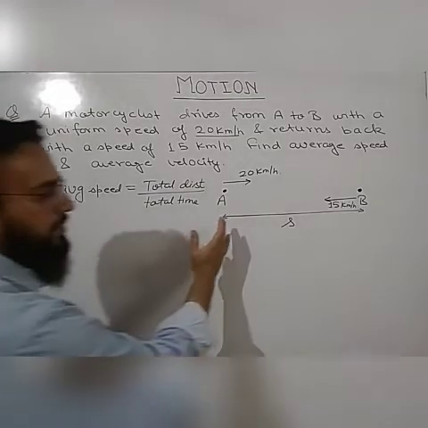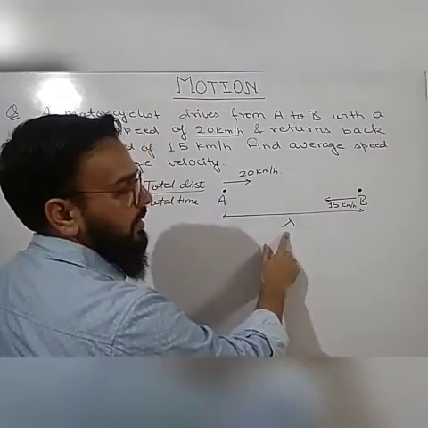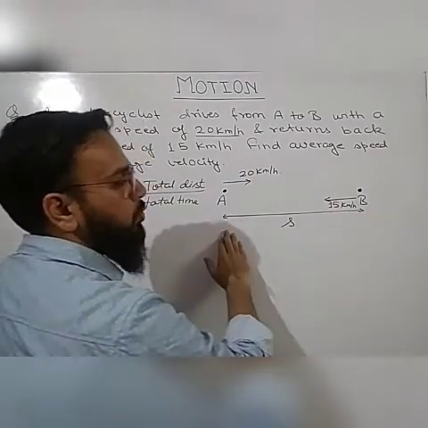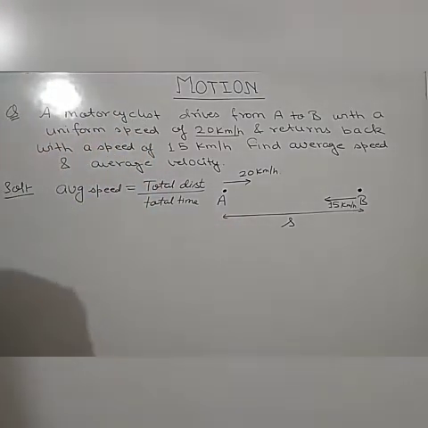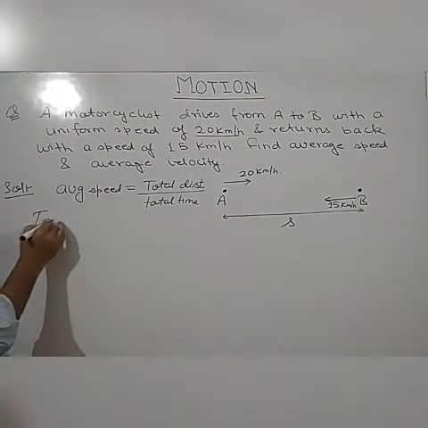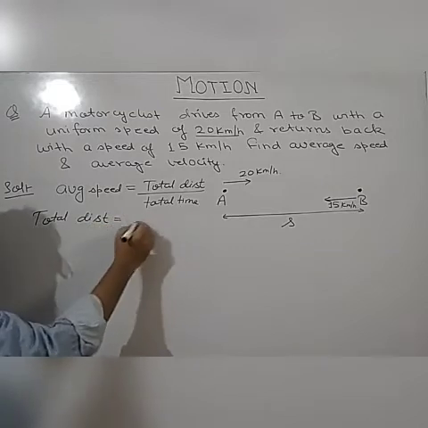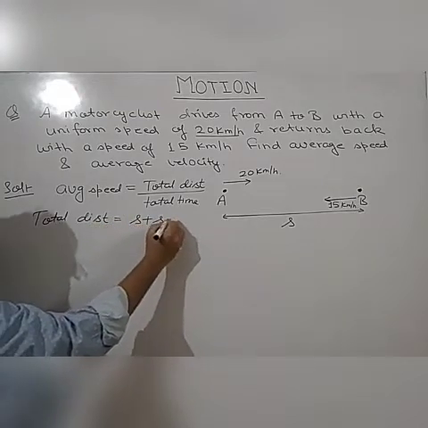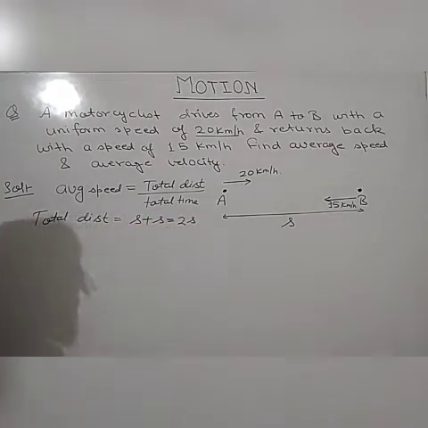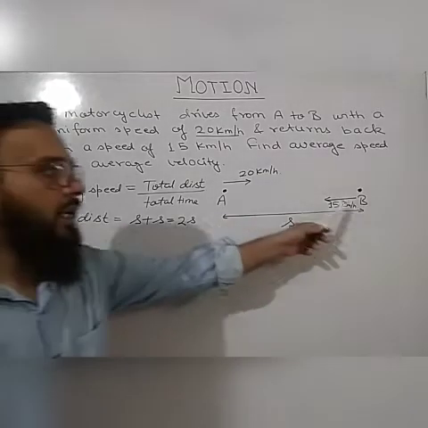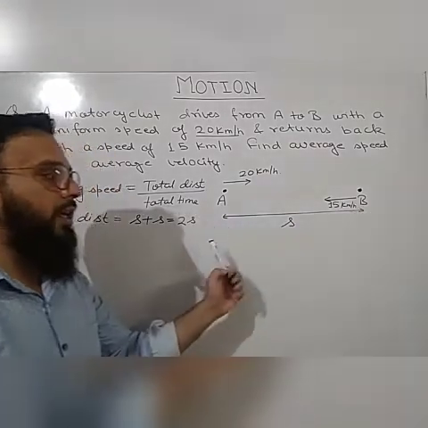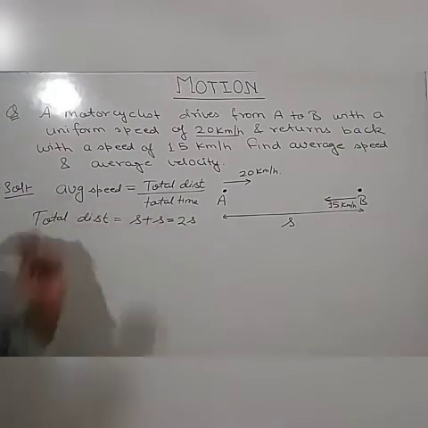So if the distance from A to B is S, then what will be the distance from B to A? It will again be S. So what will be the total distance? Total distance will be equal to S plus S, that is 2S. The distance from A to B, then the distance from B to A, that is the total distance 2S.